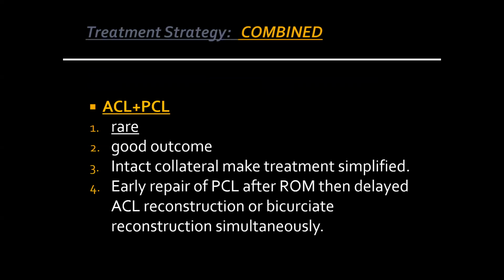For combined ACL and PCL injuries, again, we may consider doing a PCL reconstruction or surgical repair and then doing an ACL reconstruction later on. Others may consider doing ACL and PCL at the same session. The bottom line, management of a multi-ligamentous knee injury is a complex subject with different surgical protocols.